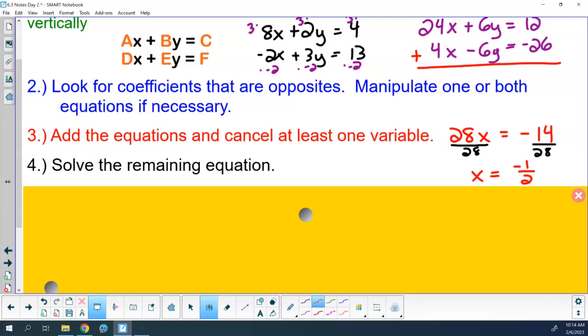Now what? Plug it back in where? One of the two equations? Well, we need to put it in one, right, to get y first. Okay? Which equation do you want to put it back into, top or bottom? Top.